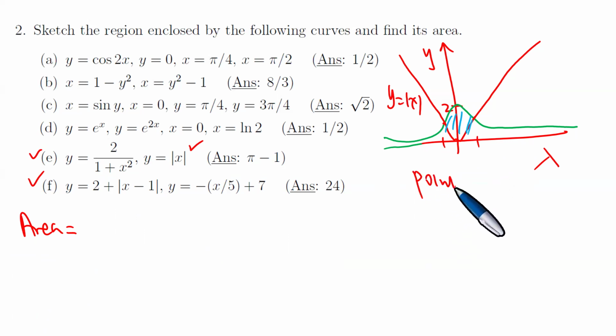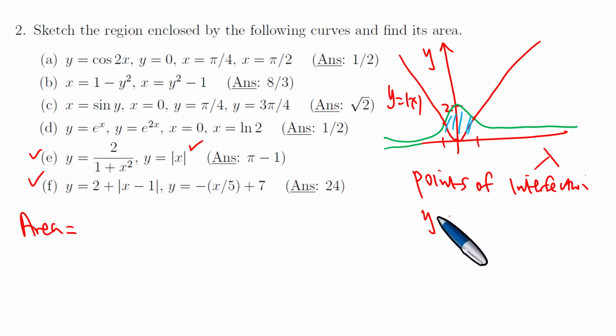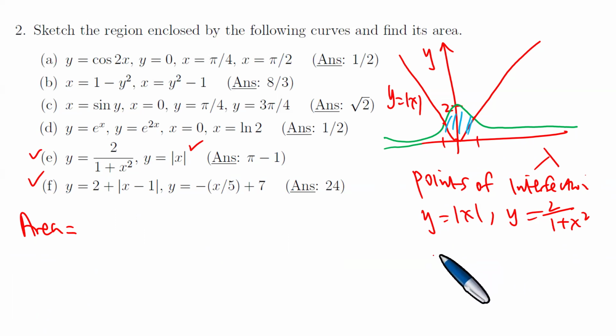So you get the points of intersection. What are the points of intersection? You have y equals the modulus of x, and y equals 2 over x squared plus 1. So the question becomes, what are these?